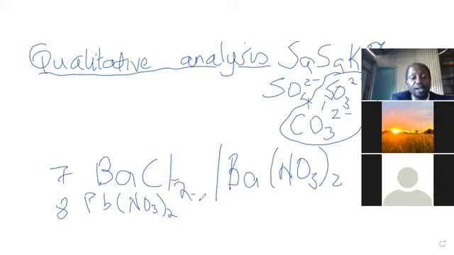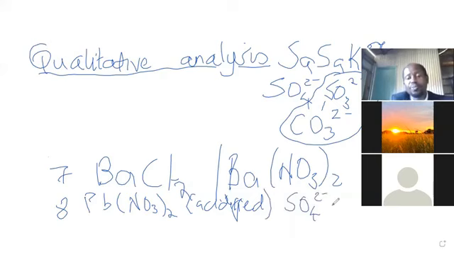When it is acidified, it only tests for sulfate ions, chloride and bromide. This is an emerging issue from KCSE 2019, that bromide also is tested using lead 2 nitrate and behaves the same as chloride ion.